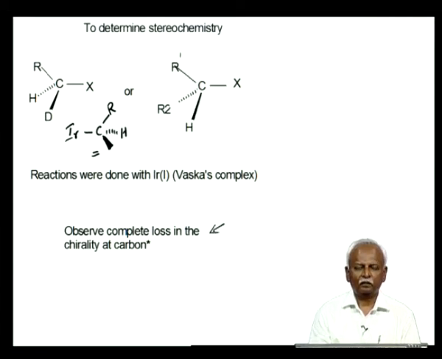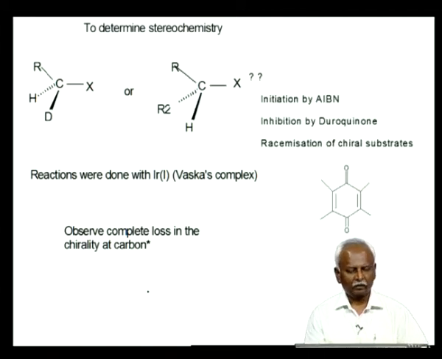So, one now is left at a loss to explain how all the experiments which were carried out earlier indicated an SN2 type of substitution, but now we are observing loss of chirality. So, the mystery was in fact solved when people started doing reactions very carefully by deoxygenation of the solutions in which the reactions were carried out.